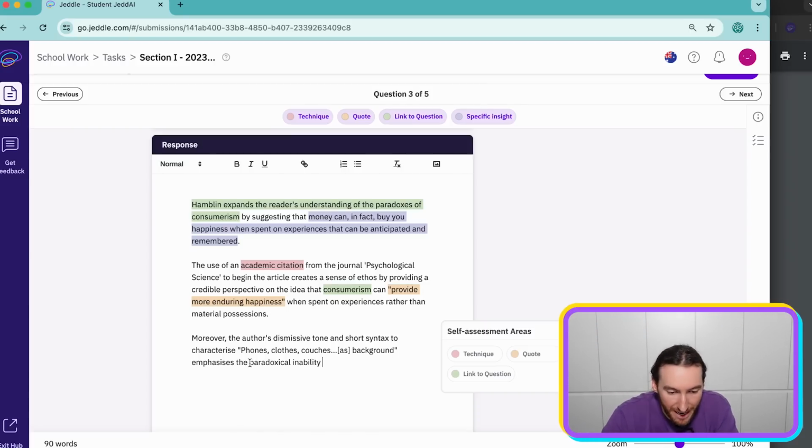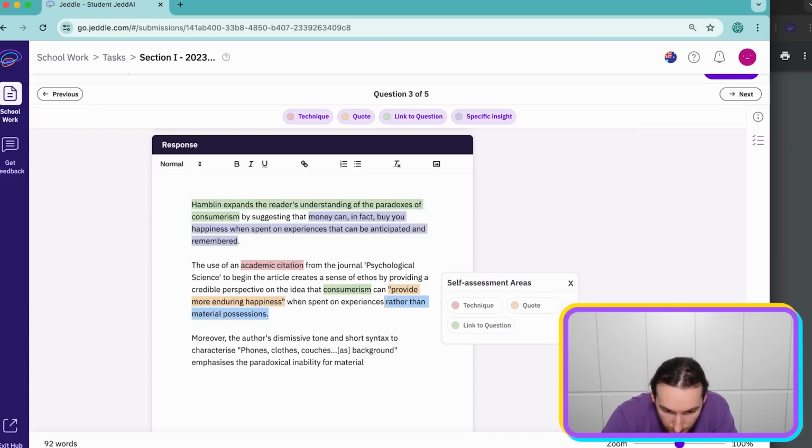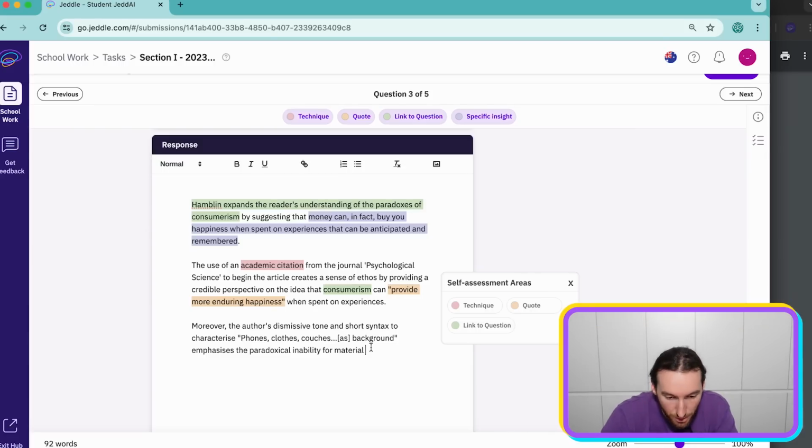So in my head, I've always got this sense of a contradiction. Well, this is paradoxical to that because that's an experience, whereas these are tangible material things. They're not going to provide it. It emphasizes the paradoxical inability for material. See, I don't even need to have that up there, because I don't want to repeat the point here. So I just cross that out and say, okay, I'm actually going to say material possessions here.